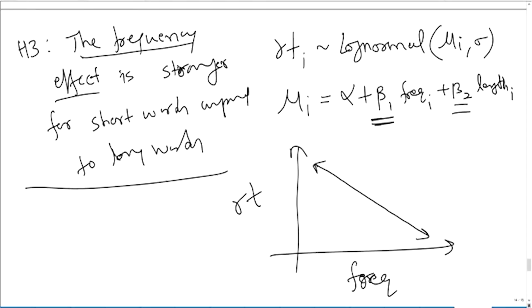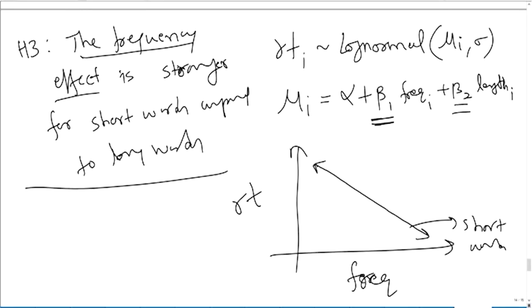Next part of the sentence says that the frequency effect is stronger for shorter words compared to longer words. So suppose you draw 2 lines, one only for short words, or let's say relatively short words, and you draw another line for long words. Another line, by another line I mean the relationship between frequency and RT for long words, right?